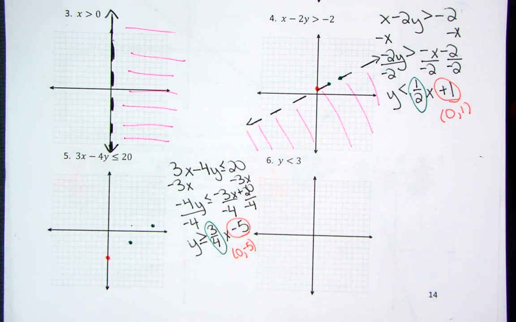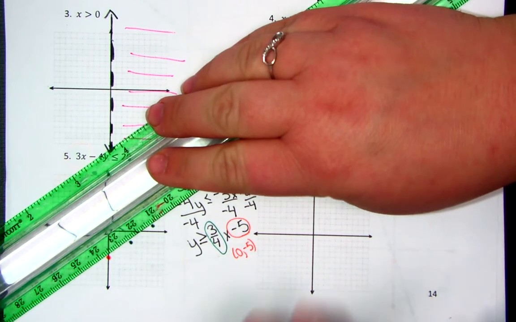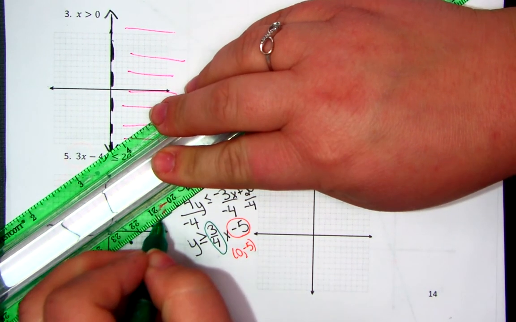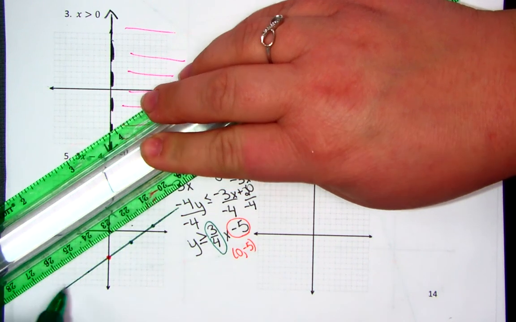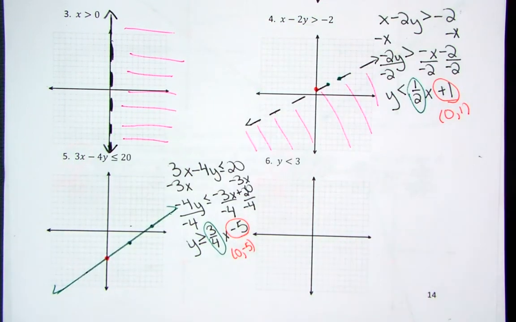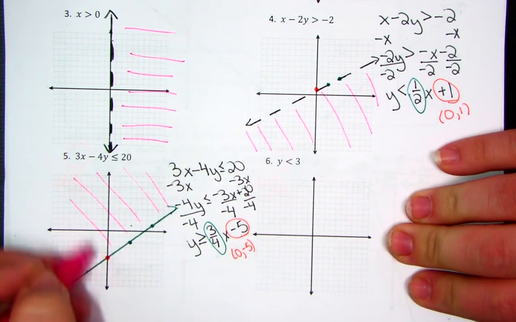Because there's an equal to symbol, we're going to use a solid line. And it is y is greater than, so we're going to shade on top of the line where the y's are getting bigger.